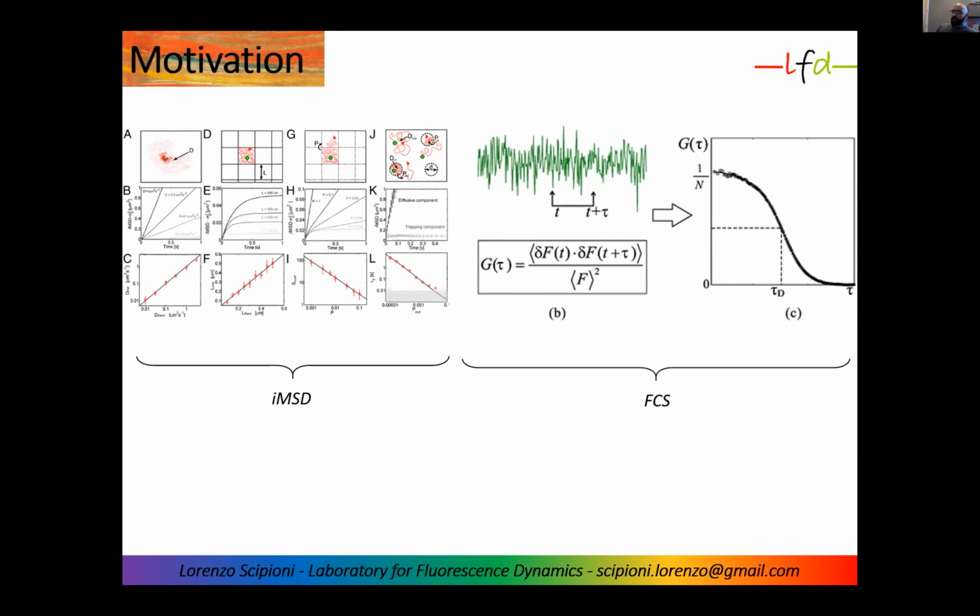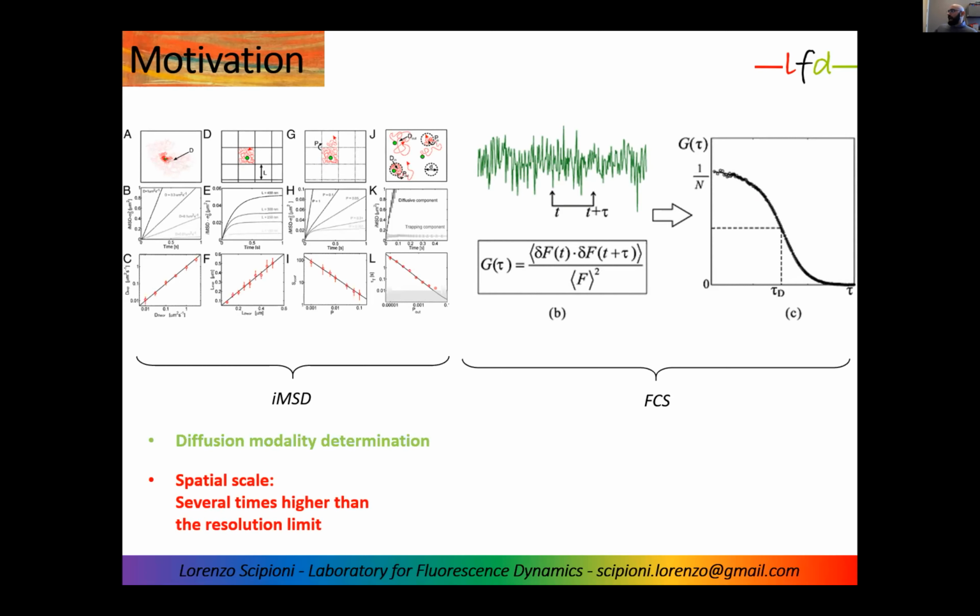Like iMSD, that was just described, is the technique that allows you to determine the diffusion modality and the environment organization at spatial scales below the resolution limit, right? However, in order to gather this information, you have to sample over a relatively large area, which is typically several times higher than the resolution limit, because you have to sample the diffusion of molecules across space.